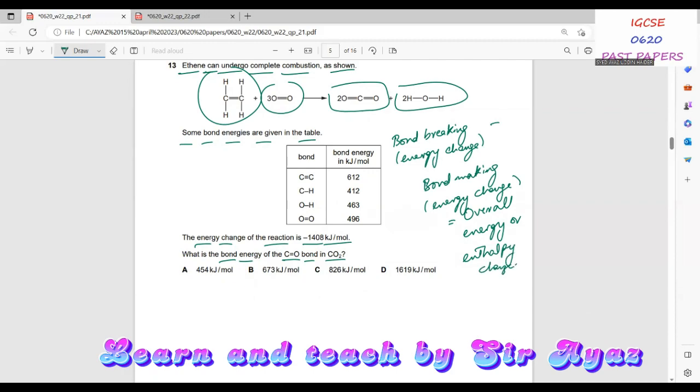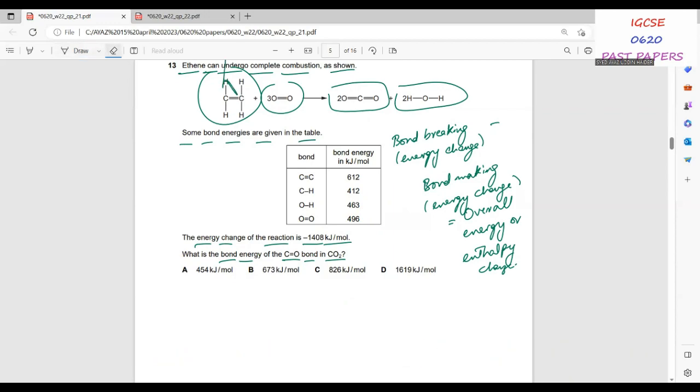So we have reactants minus products. We have four CH bonds: 1, 2, 3, 4.